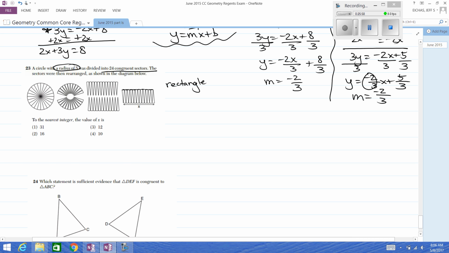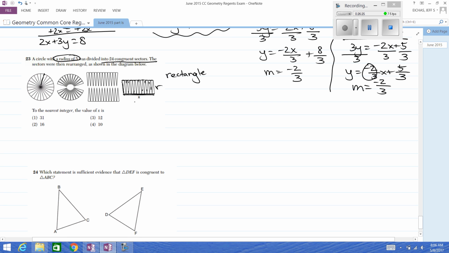As we get the slices smaller and smaller, the sides are basically the radius of the circle. They arranged every other one back and forth. So it's essentially an area demonstration.